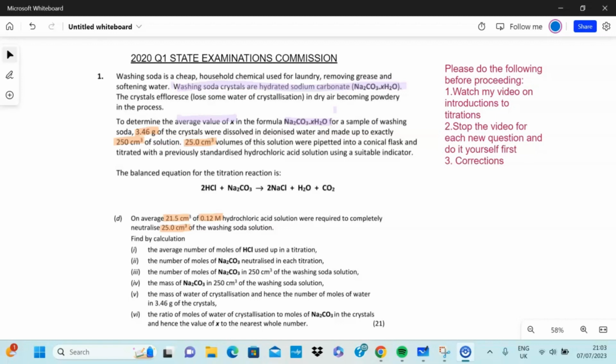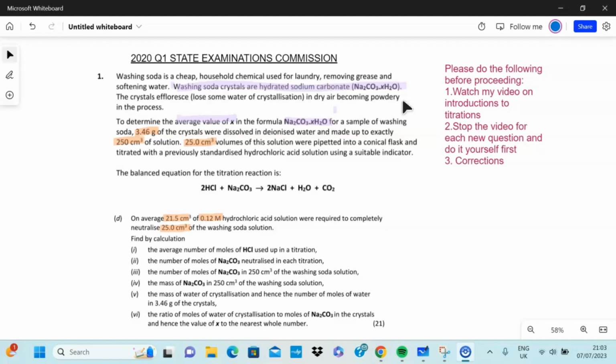Alright, so washing soda is a cheap household chemical used for laundry, removing grease, and softening water. When I'm seeing washing soda, I'm thinking, okay, it's not a primary standard, because remember, a primary standard has to be anhydrous and should not have any water of crystallization, except for the exception of ammonium iron sulfate crystals, which is what I had for my exam in 2023.